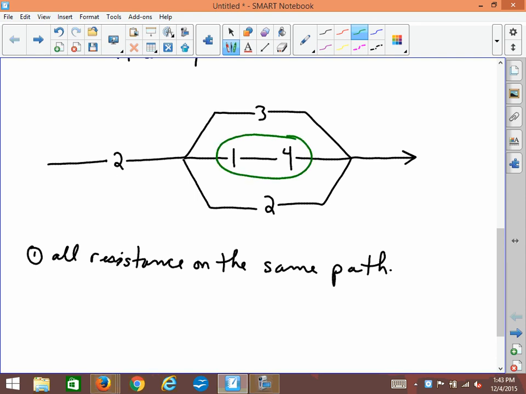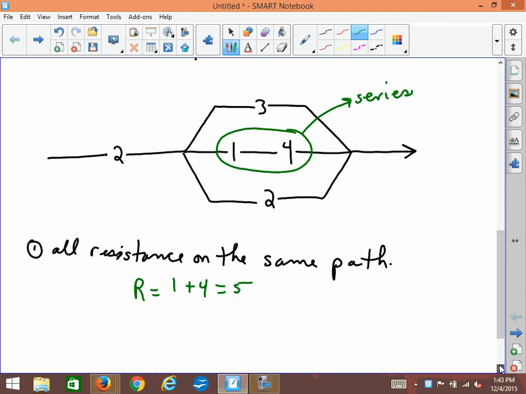They're both on the same path. There's no way you can go through the 1 and not the 4. So since they're both on the same path, these 2 are in series. So that's the first thing I'm going to do, is add them together using the series rule. Resistance is 1 plus 4 equals 5.